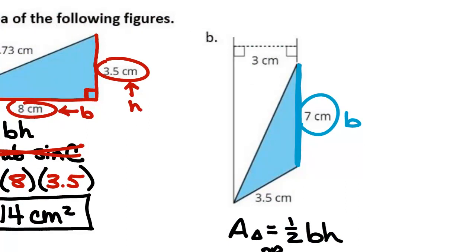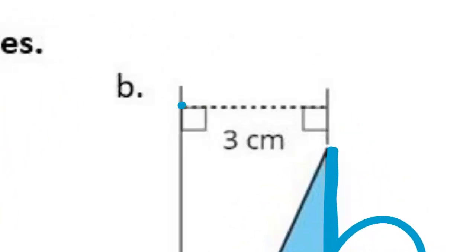And what do I have that is perpendicular to that? Forms a right angle. It does not have to be part of my triangle or even drawn in my triangle. 3 centimeters.